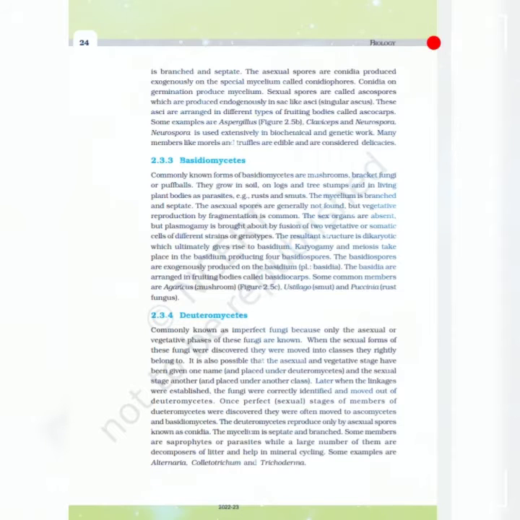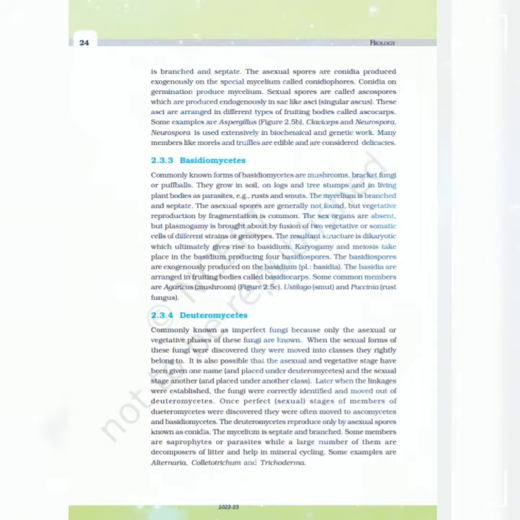The asexual spores are generally not found, but vegetative reproduction by fragmentation is common. The sex organs are absent, but plasmogamy is brought about by fusion of two vegetative or somatic cells of different strains or genotypes. The resultant structure is dikaryotic, which ultimately gives rise to basidium.